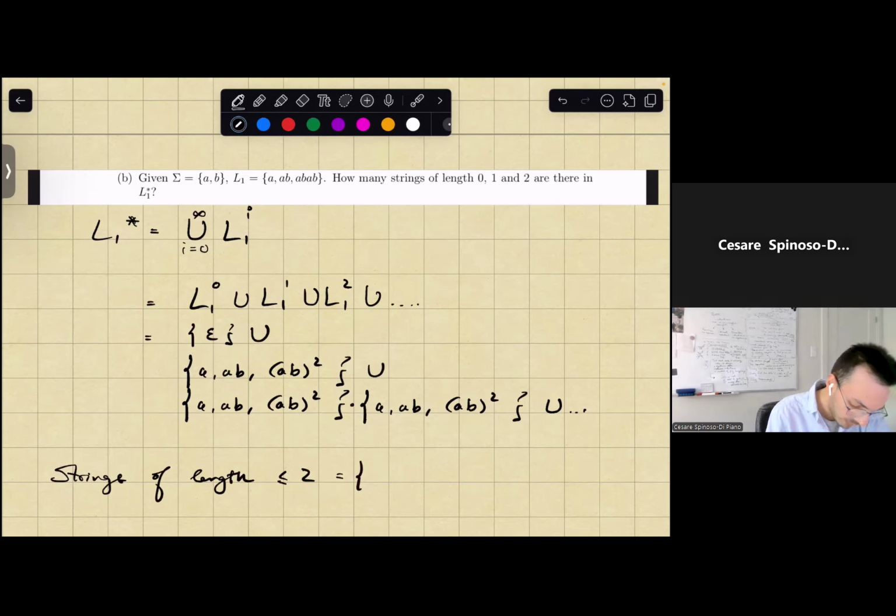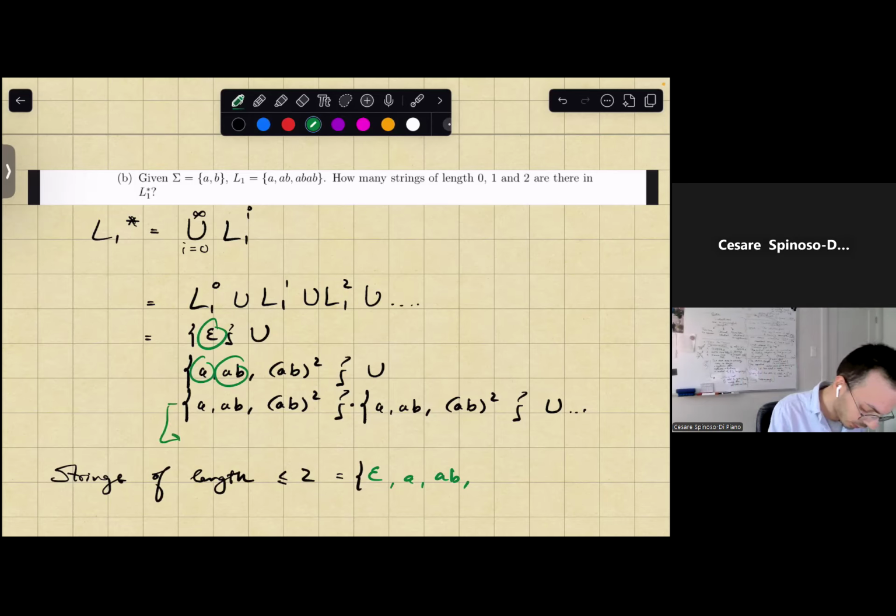So I'm going to have the empty string, of course. The empty string from here, then A from here, AB from here, and AB squared, which is of length 4, so that's above my upper bound, so I don't care about that.